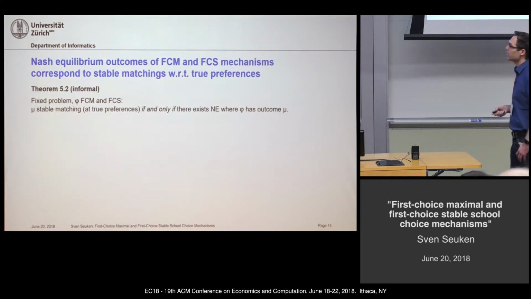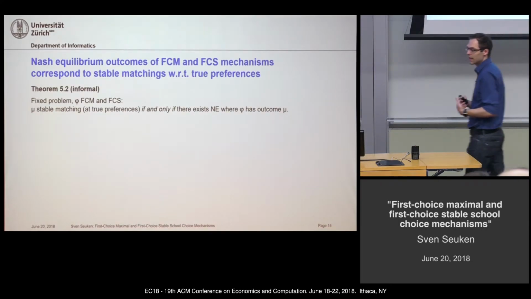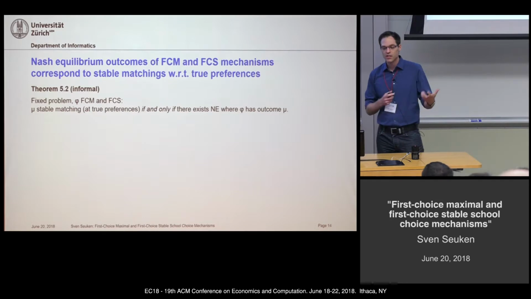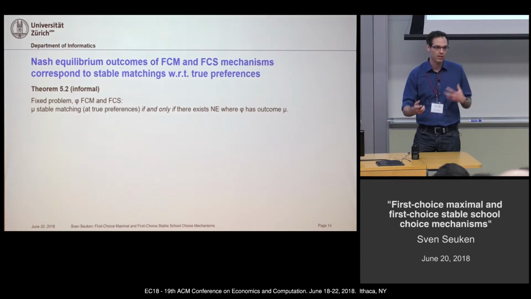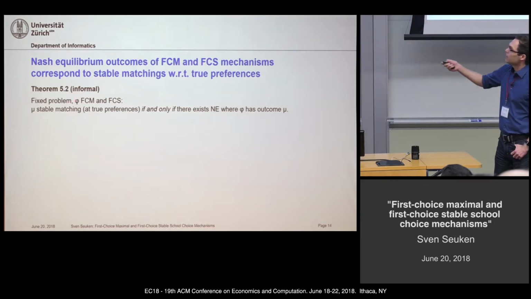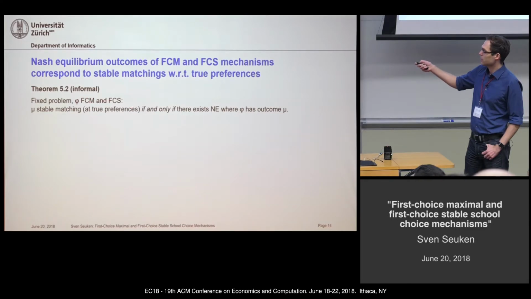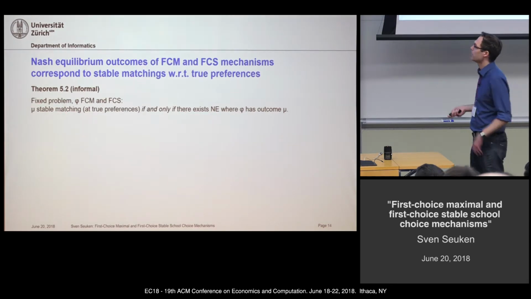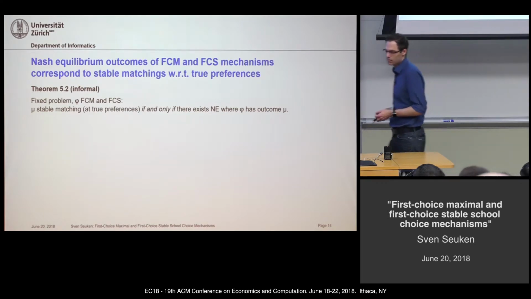Okay, now let's look at equilibrium. So here we're interested in understanding the relationship between the Nash equilibrium outcomes and the stable matchings of the mechanism. And our theorem here says that for a fixed problem and a mechanism phi that is first choice maximal and first choice stable, a matching mu is a stable matching at the true preferences if and only if there exists a Nash equilibrium where phi has this outcome mu.